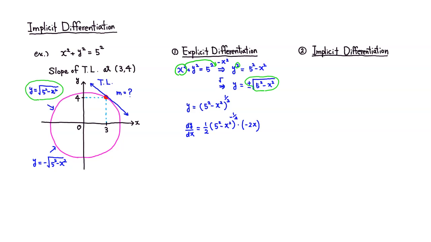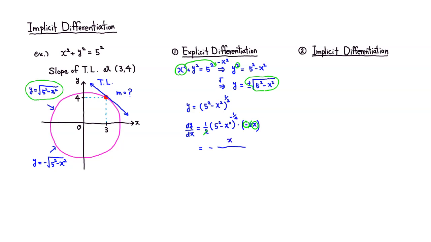Then we can clean it up. You have a 2 on the bottom and a 2 on top, and that's pretty much all you can do. So this is going to be equal to, since there's a negative sign here, I'm going to put the negative sign in front. And x lives upstairs, so I'm going to put the x on top.